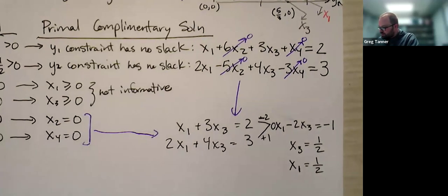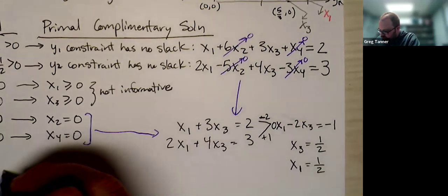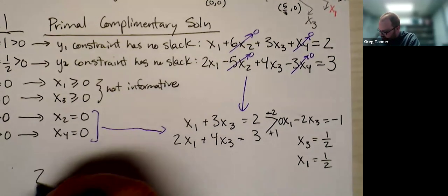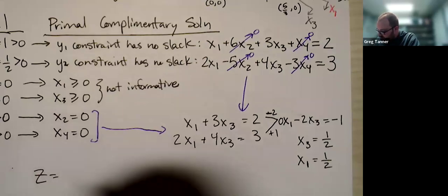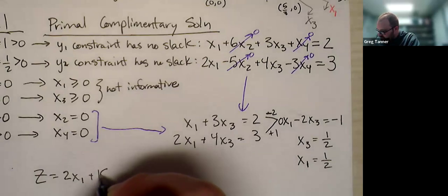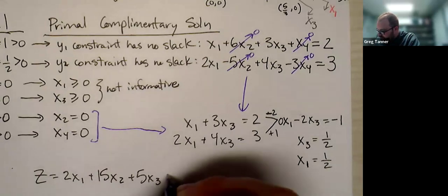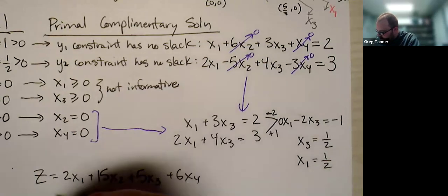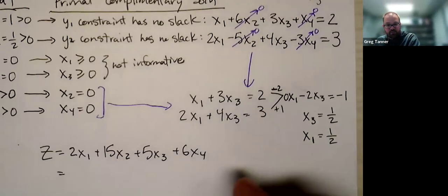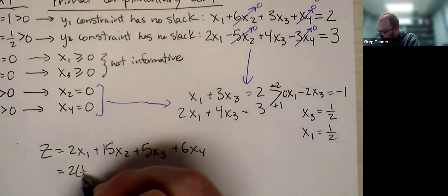Okay. Also, let's check our objective value. So our original problem, we wanted z, and we wanted to minimize 2x1 plus 15x2 plus 5x3 plus 6x4, which now plugging the values in that we've got is going to be 2 times 1/2.